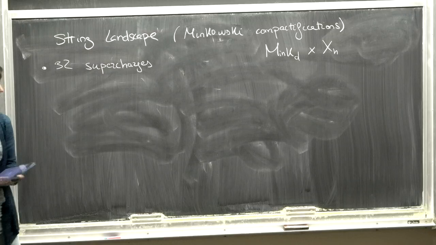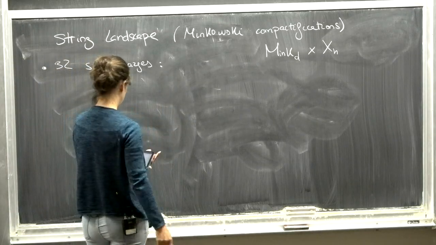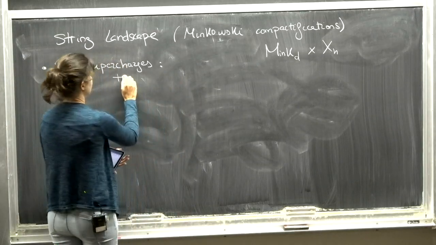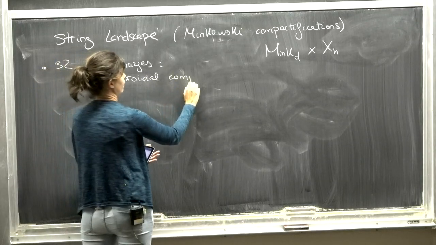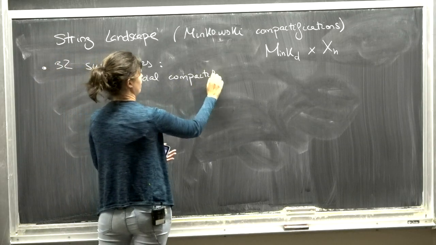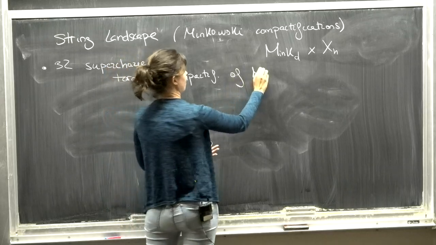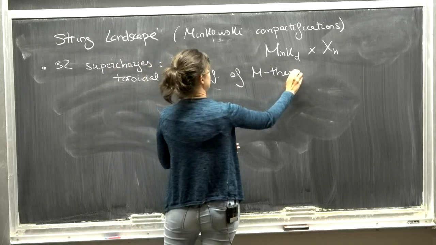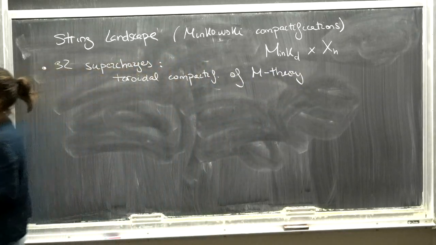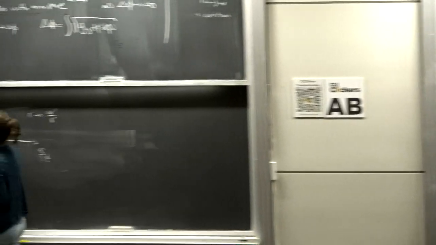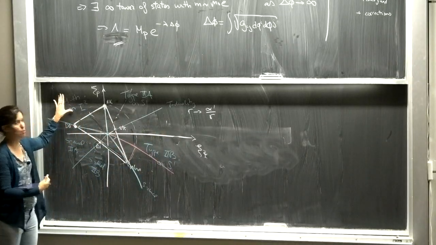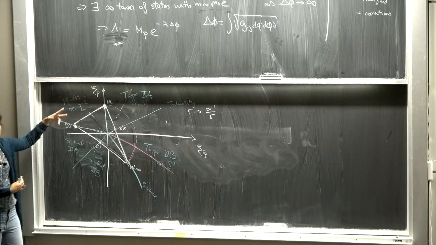These compactifications can be derived from toroidal compactifications of M theory. You can see that even if we start in type 2A, this moduli space is described by M theory on a torus, because I have the 2 cycles.